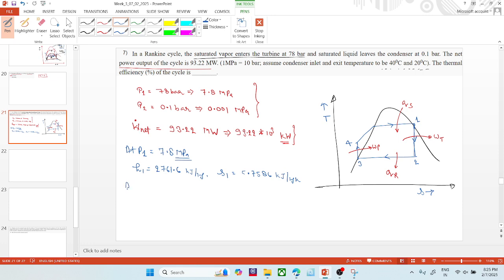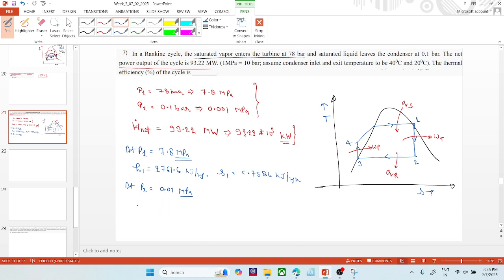At P2 is equal to 0.01 MPa, sorry, at 0.01 megapascals, H3 would also be HF.